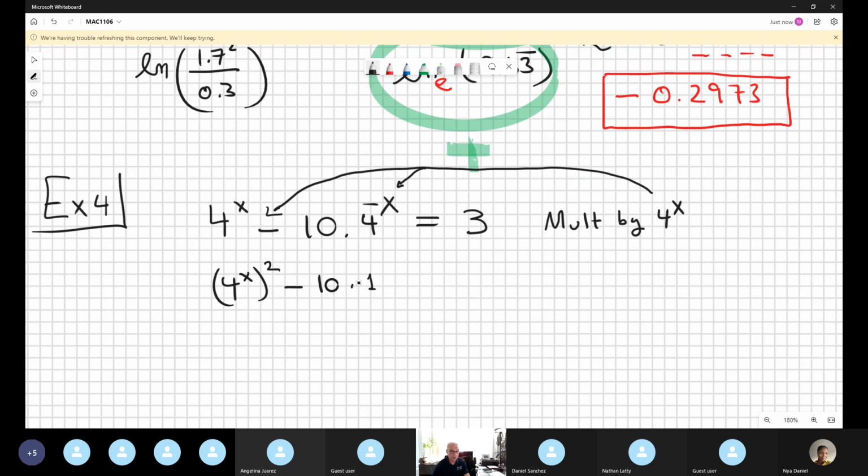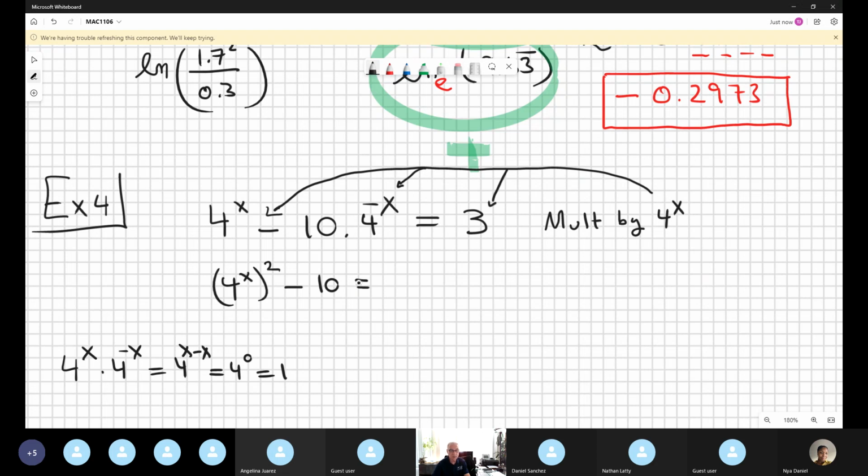How do you know, professor, that it's 1? Because 4 to the x times 4 to the minus x is 4 to the x minus x, which is 0. Any number raised to the 0 is 1. And this is an invisible 1. If you want, you can delete it. Now, I need to multiply everything.